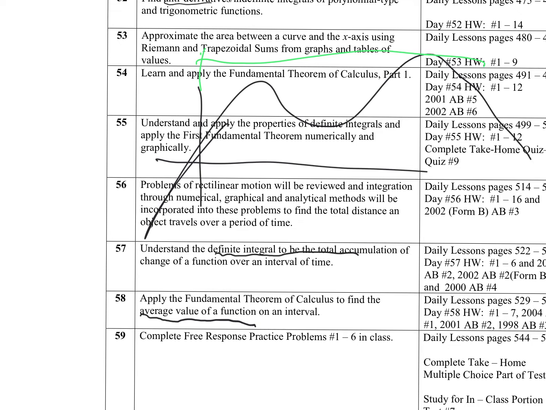I can say from A to B, what is the average value? In other words, what y value would be the average value? I'll call it y bar.